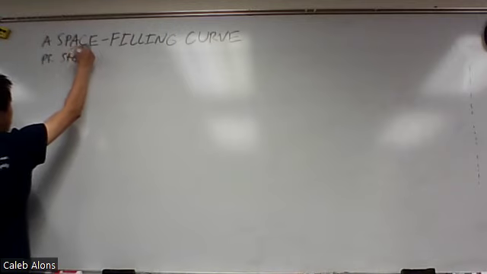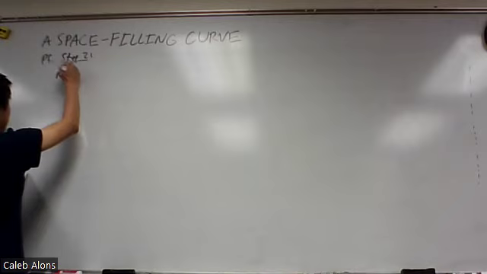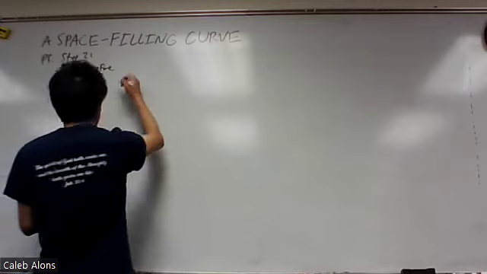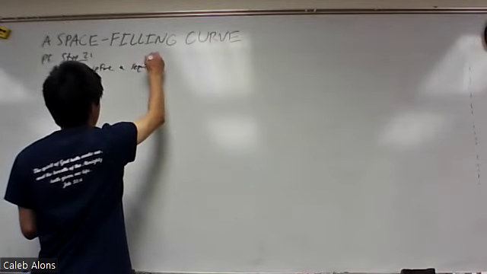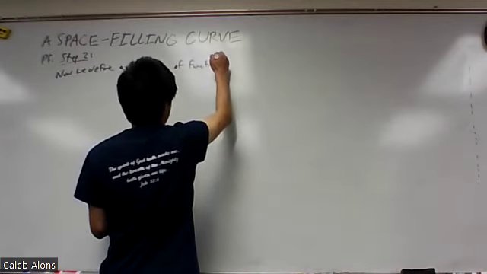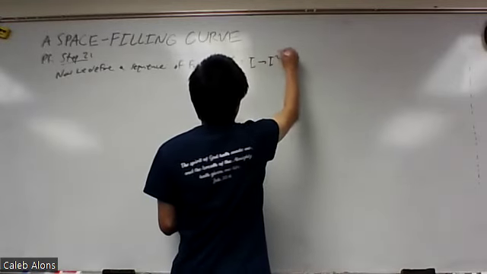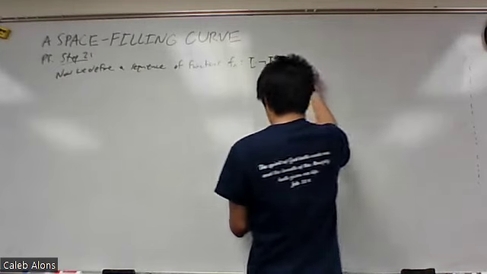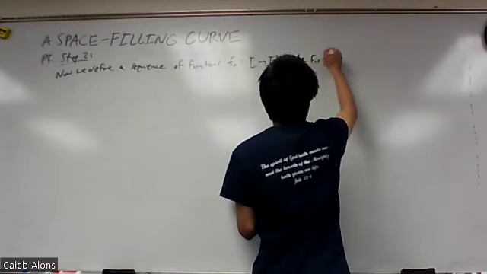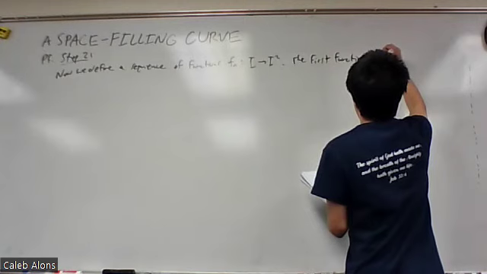Okay, so step 2 is now we define a sequence. And we've actually done the hard work for this for the most part. Of functions f_n, that's I to R squared, so an interval in R squared. The first function, which we'll call f naught for convenience.